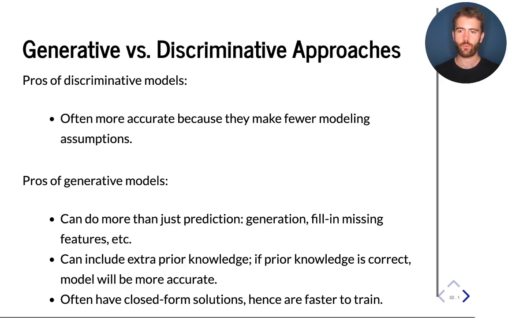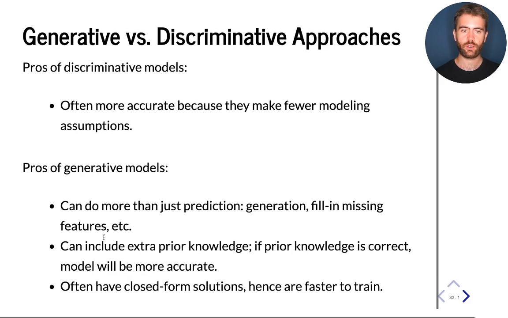In other words, if we don't know the process of how X is related to Y very well, then it may not be worth modeling it, and we will tend to be more accurate by not modeling it. But if we do have accurate prior knowledge, then we want to put this in the model, and we will output more accurate predictions.